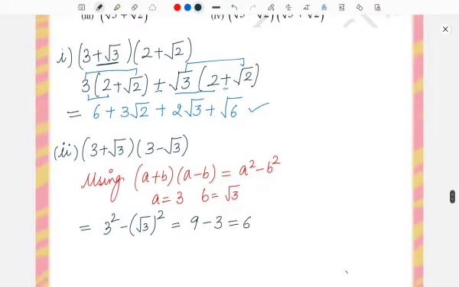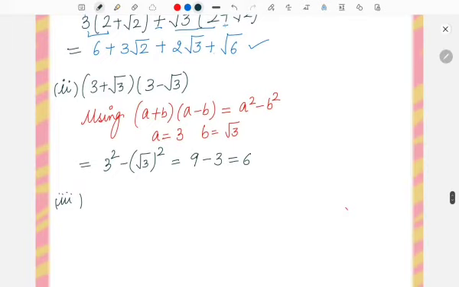Let's go for the third part. The third part we have here is root 5 plus root 2 whole square. How do we solve this? ये कैसे solve करेंगे हम? Again we are going to use identity.